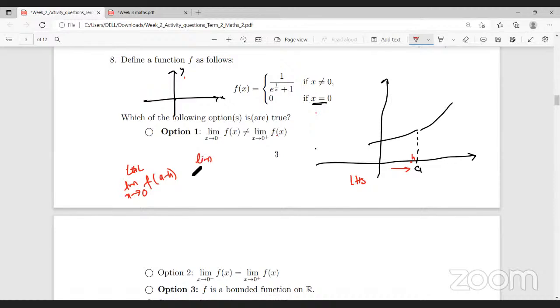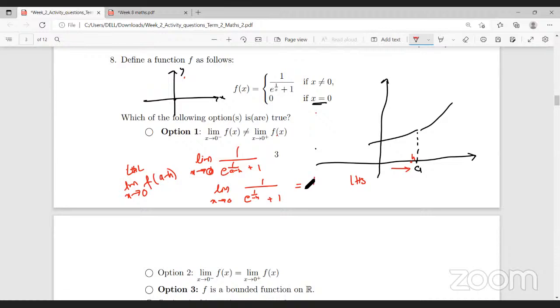If I put a minus h instead of x, the function becomes limit 1 upon e to the power 1 upon minus h plus 1. Now a is 0.